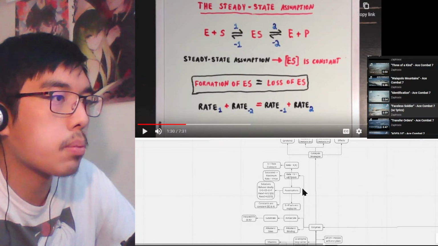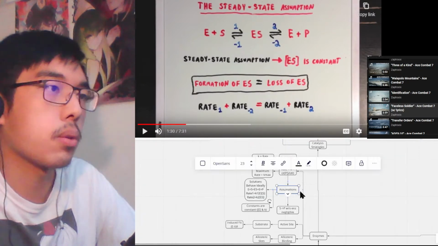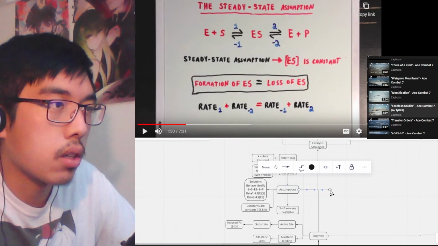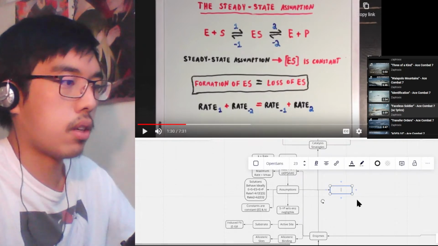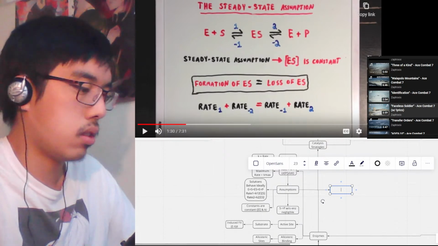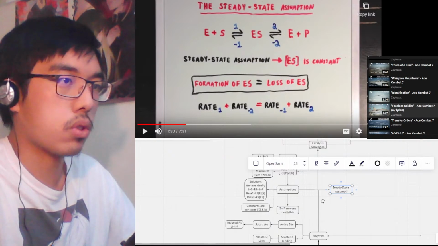Maybe in a different spot, though. We can go rogue all on our own. Fly off the handle with the steady state assumption.